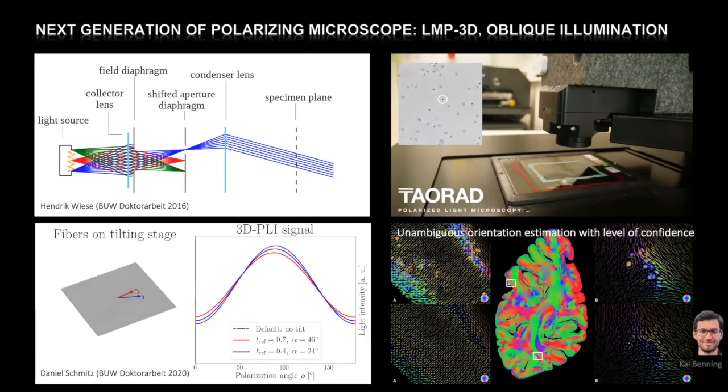And we think that this will help us to get rid of the ambiguous orientation estimation on the one hand side. We will be able to deliver a level of confidence for all of our estimated orientations. And we can also get a handle on, maybe you remember, this prefactor in our model, where we had the dependency on the birefringent strength.